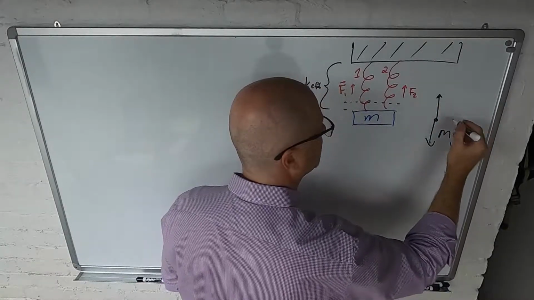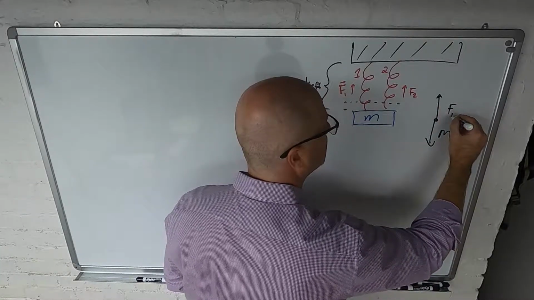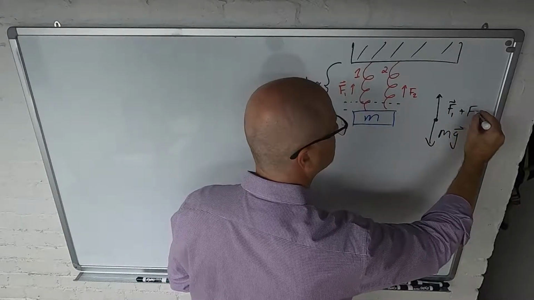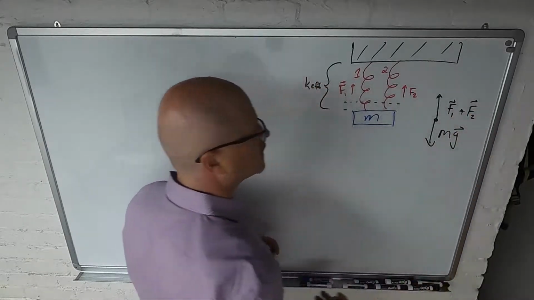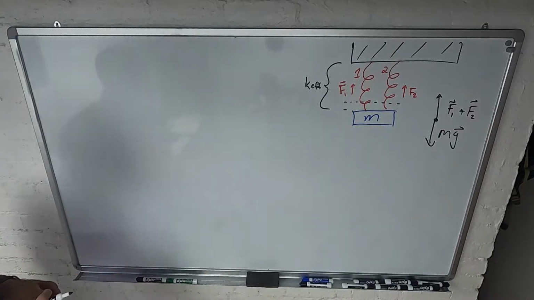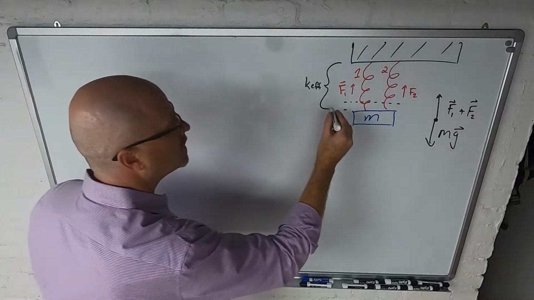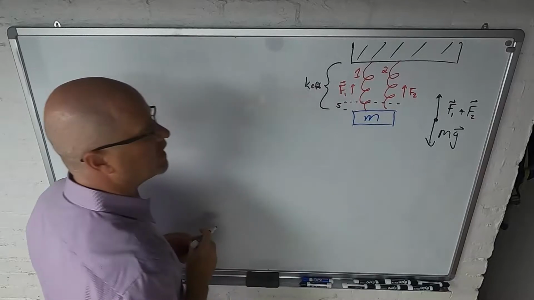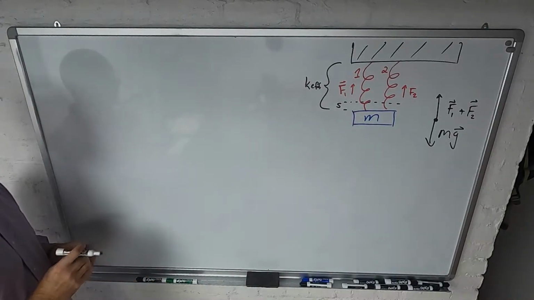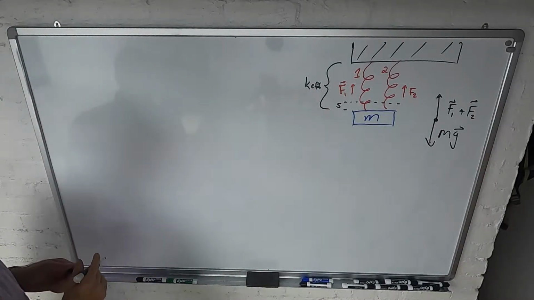And to balance that force, we're going to have the sum of F1 plus F2. They're both pulling upward to return the springs back to their equilibrium position. And that means that they have both been stretched to distance s in this process.